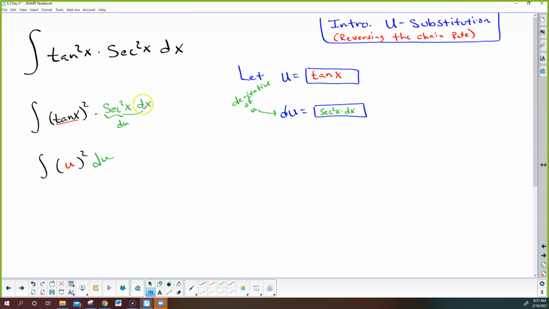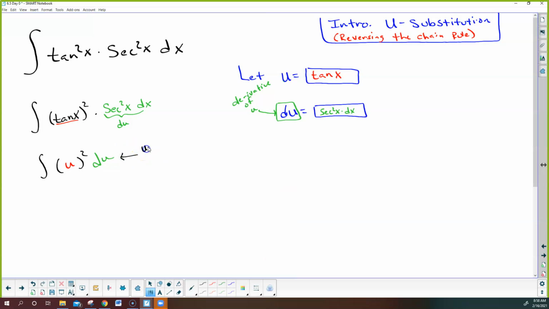Okay, now notice secant squared dx, that whole thing in green is exactly what du is equal to. Well, why would we do something like that? Now, look at this integral. This is an easier integral, and that's the goal, right?